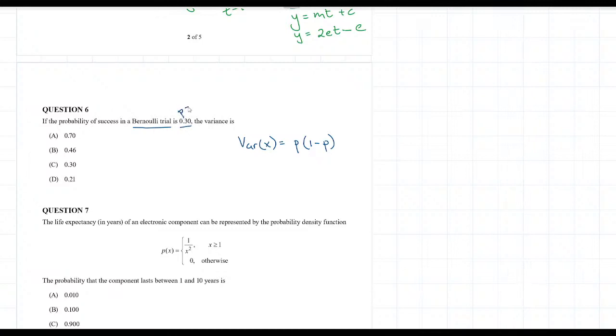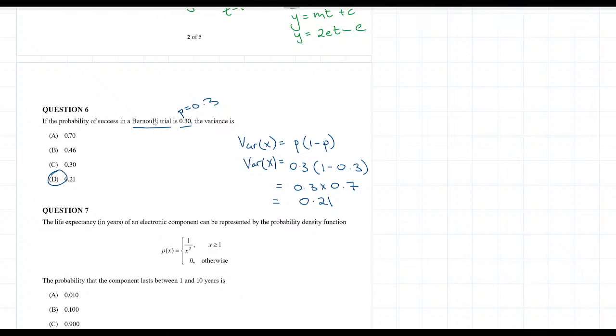So our p value is 0.3. So our variance is going to be 0.3 times 1 minus 0.3, which is 0.3 times 0.7, which is 0.21.